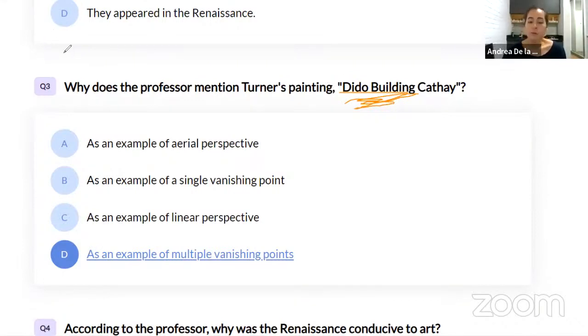The first one was aerial perspective, the second one was linear. So honestly, I would say it would be A or C, just by following the order. Vanishing points was the third subtopic. And now by looking at my notes, I have the building for aerial perspective. So I think it will be A, okay?